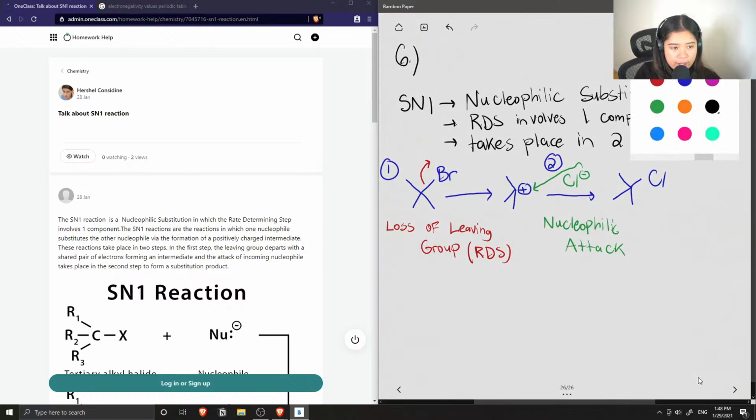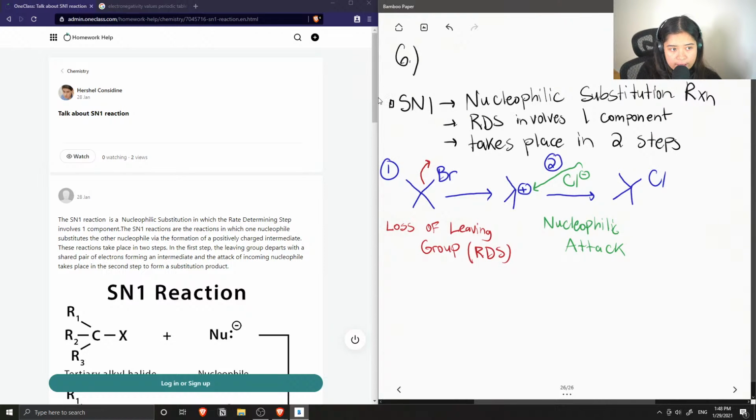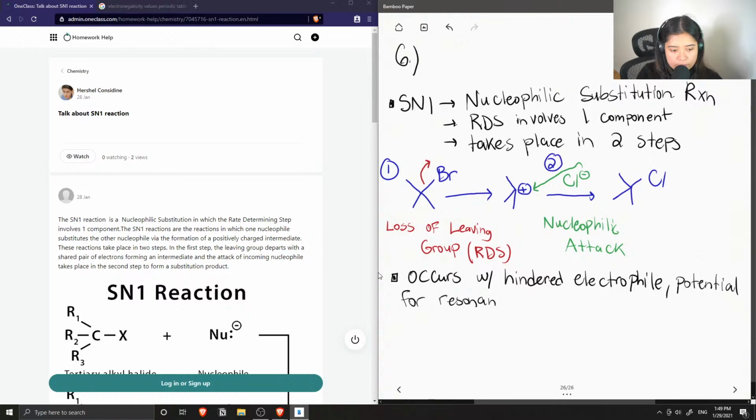There are different factors that can tell us when an SN1 reaction may occur. Typically, SN1 reactions occur with a hindered electrophile, and if there's any potential for resonance stability.